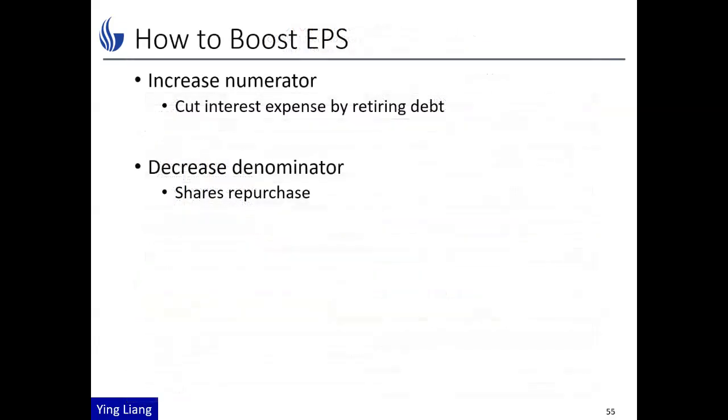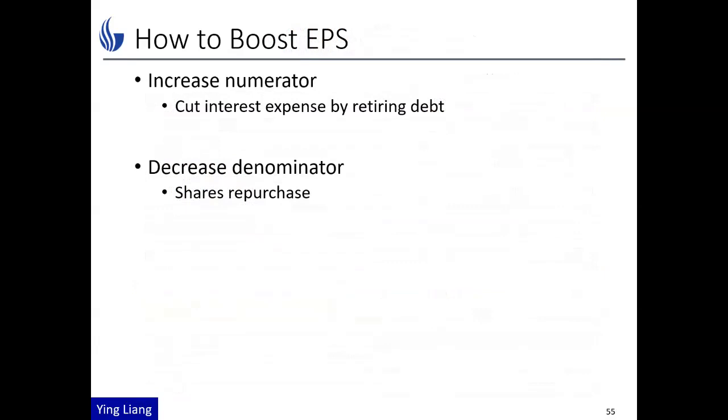Lastly, I want to talk about something that can be easily distinguished by just reading. Some maneuvers that managers can do in the short term to boost EPS without improving the earnings quality or without improving the business model.